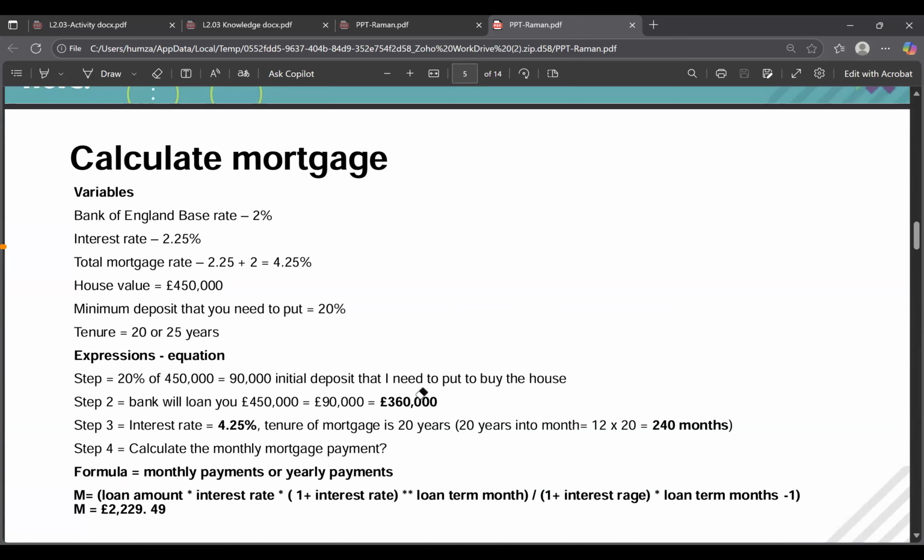Like I said before, interest rate we have to increase. That's just a generic rule that we know. Interest increases the price. Like I worked out, 360,000 divided by 240.